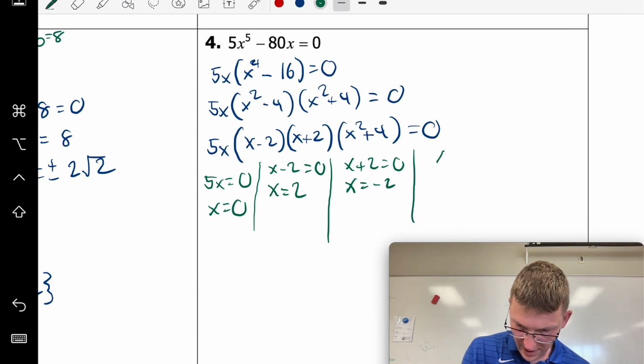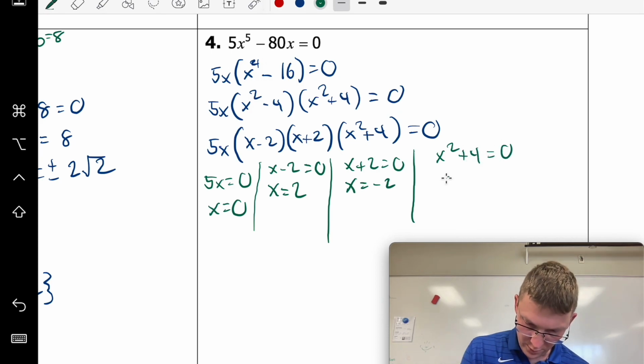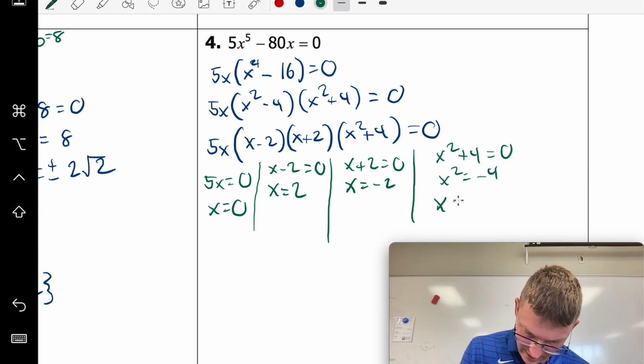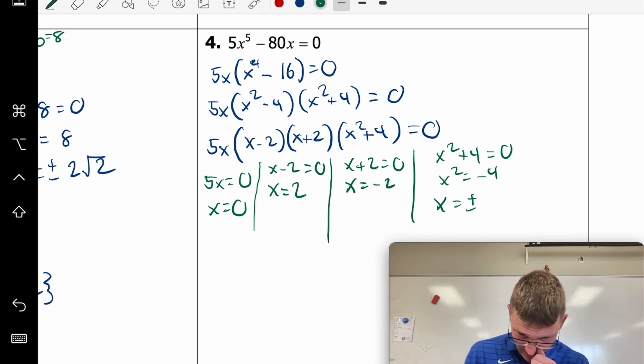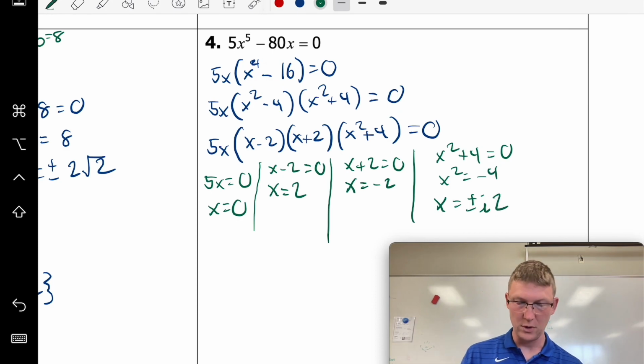And then we're going to have x squared plus 4 equals 0. 4 goes over, x squared equals negative 4. Square root both sides, x equals plus or minus. The square root of 4 is 2, so it's going to be 2i. Or 2i, whatever. And that's going to be our answers.